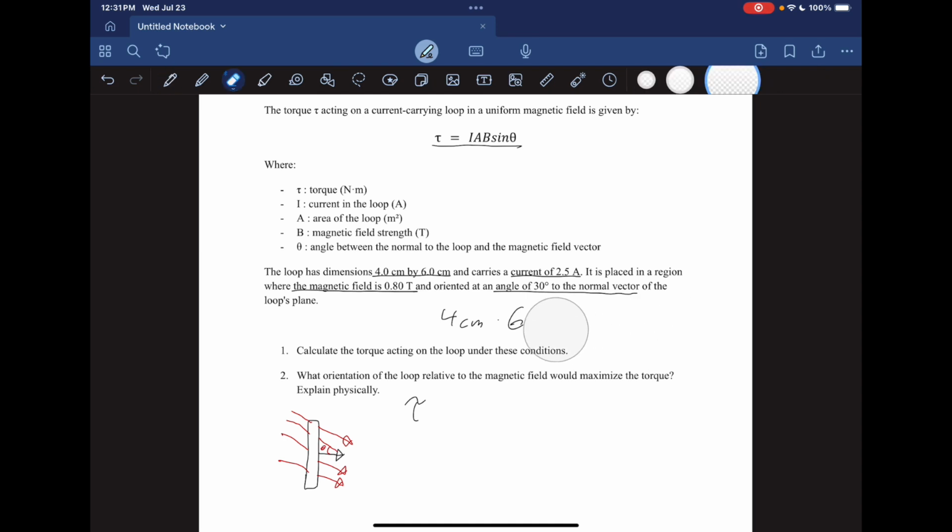Whereas if you convert in the first place, you've got 0.04 meters times 0.06 meters. Let me calculate that real quick. 0.04 times 0.06. You end up with 0.0024 meters squared.